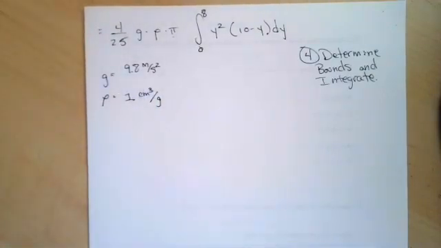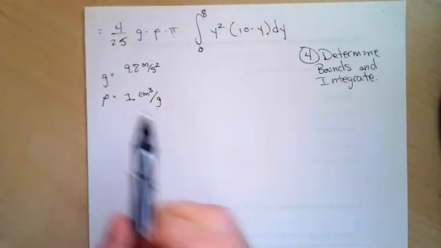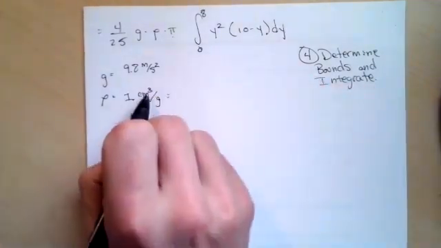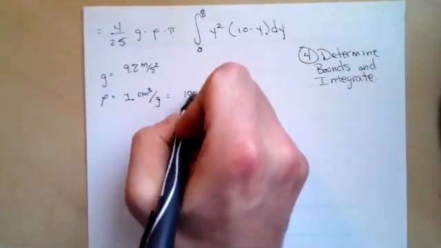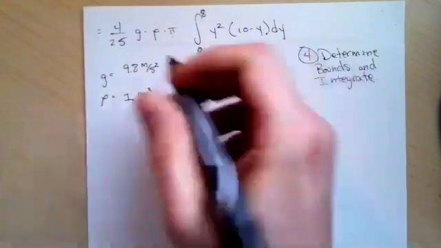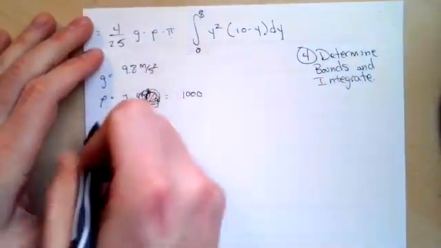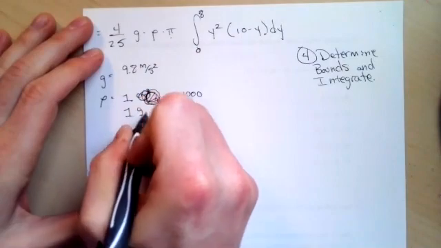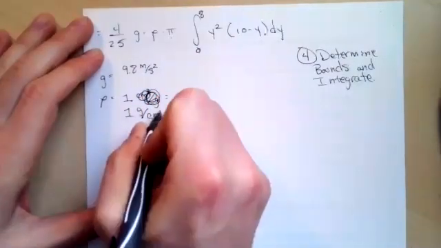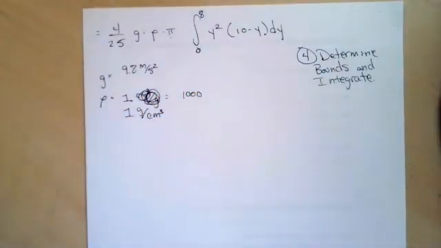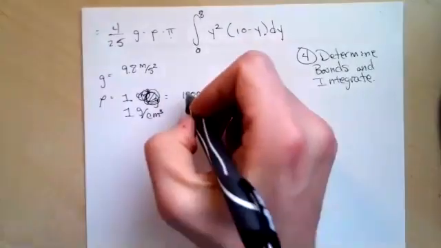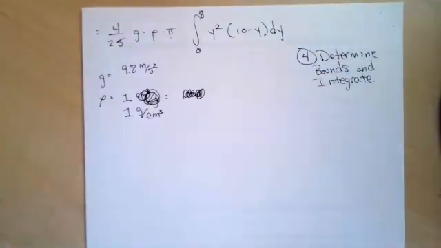I think the units were in meters, so multiply your centimeters by 10 and you'll get 1,000. Wait, sorry, I'm putting those units upside down. 1 gram per centimeter cubed. So do the conversions on that for kilograms per meter cubed if you need it. In the metric system, it's going to be a factor of 10.